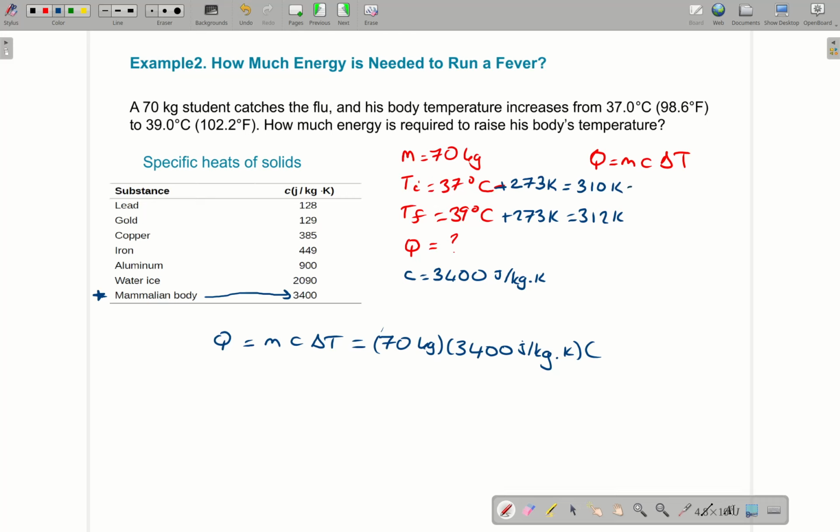And delta T, let's directly find it. T final minus T initial will be 2 Kelvin. And once we do that, we'll find a large heat energy going into the body: 476,000 joules. That's it. Q is equal to MC delta T if a body temperature is increasing, and we can calculate it as so.